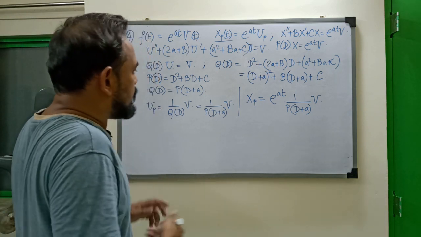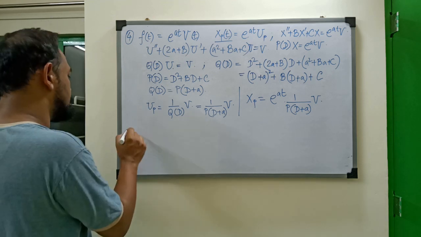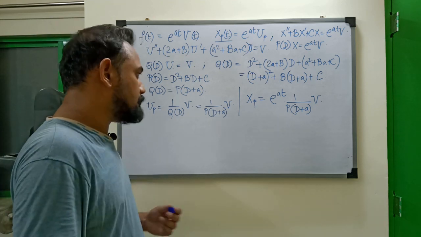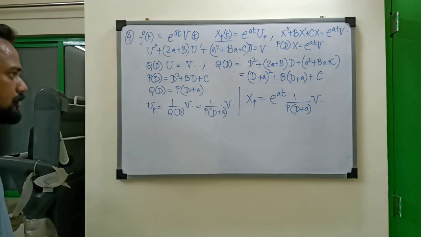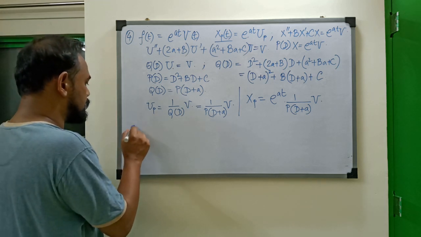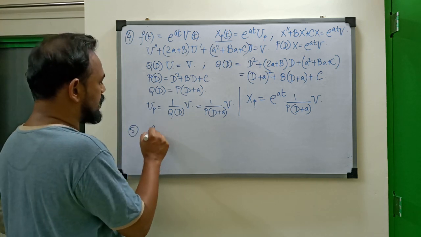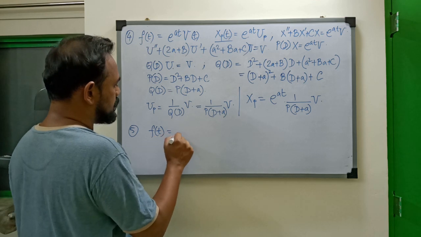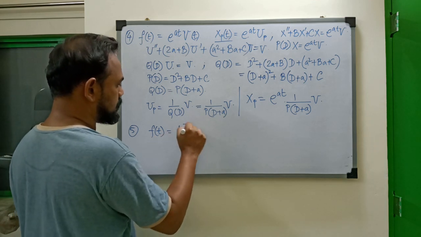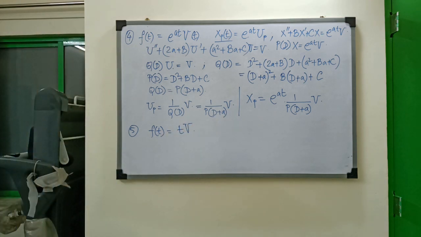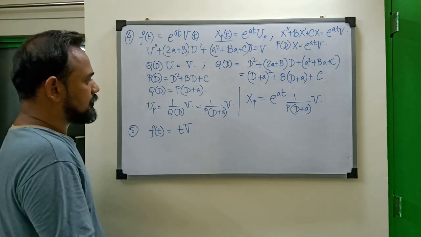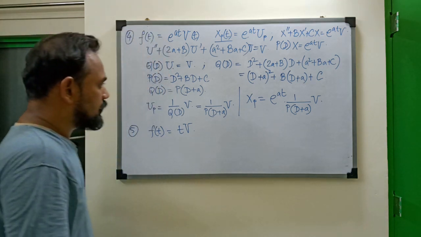So there are a few more left. I'm probably going to put them on the assignment, and that would complete the whole picture. The one that was left was, what if you had t and V multiplied together? What would happen to this?